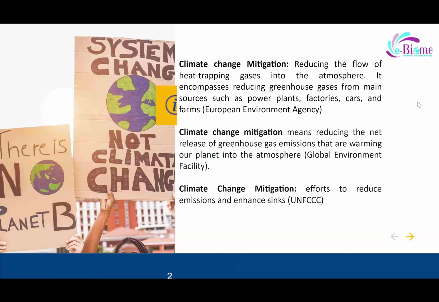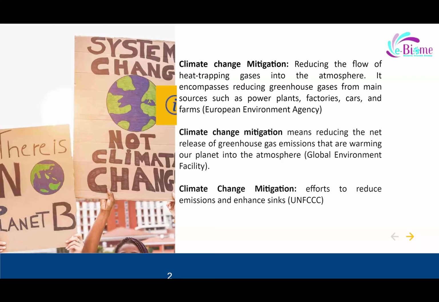Now, climate change is the change in the climate patterns, and we know that climate is the average weather condition at a particular place over a long period of time. Sometimes they say 30 to 35 years. That is what the climate is. So when we talk about climate change, obviously it means the change in the average weather patterns within a particular place over a long period of time.